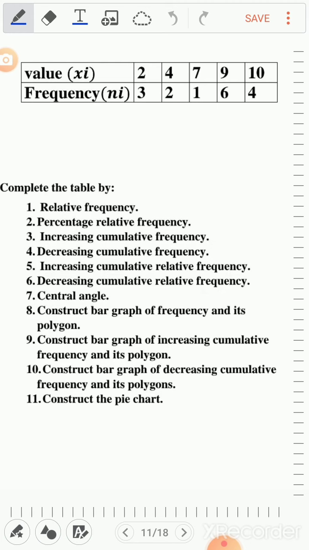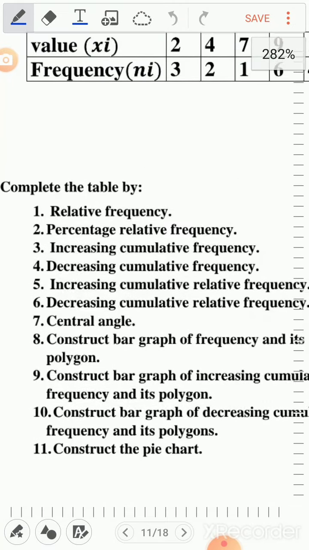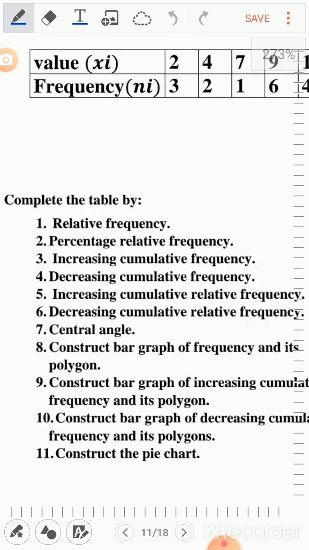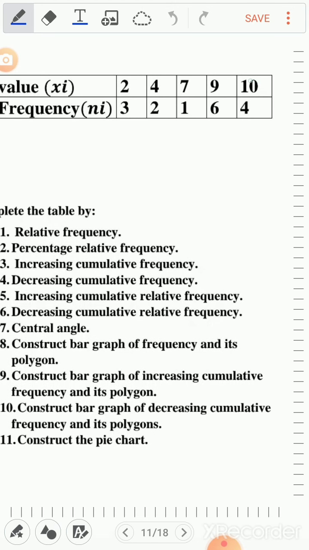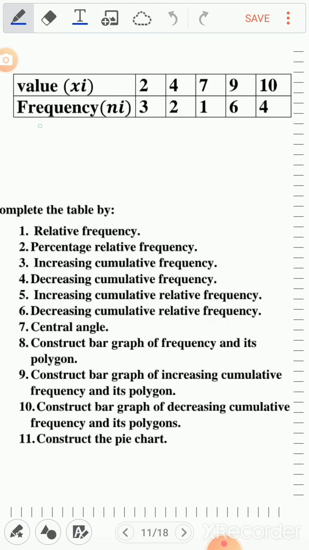That means 2 is 3 times, 4 is 2 times, 7 is 1 time, 9 is 6 times, and 10 is 4 times. Complete this table by relative frequency. By the way, 2, 4, 7, 9, and 10 are called the modalities, while the frequencies ni, 3, 2, 1, 6, 4, are called the frequencies.